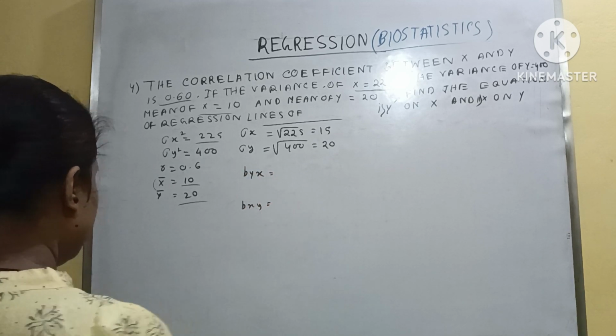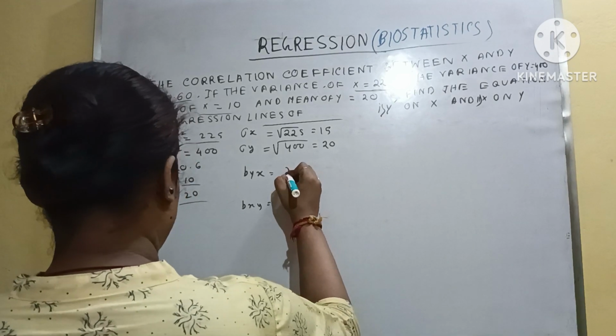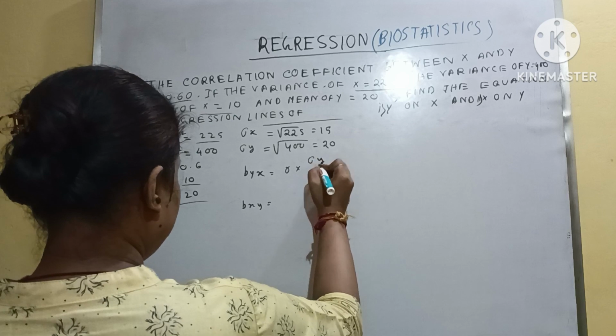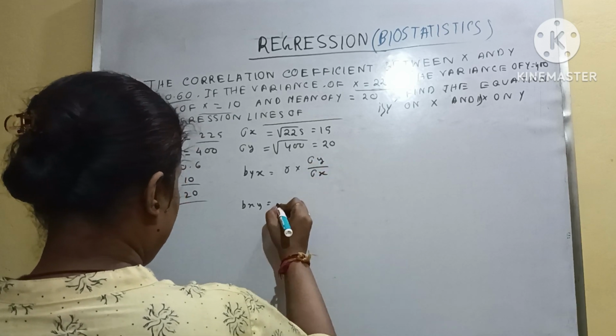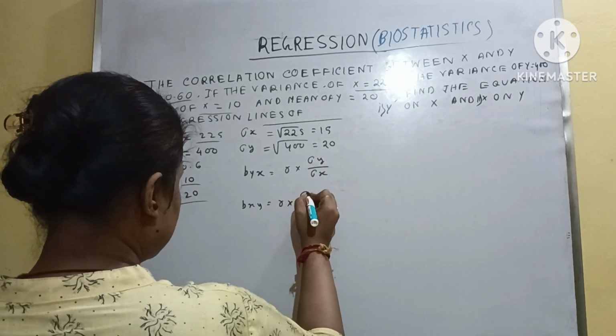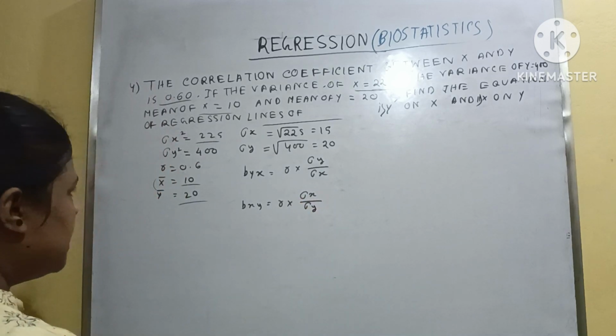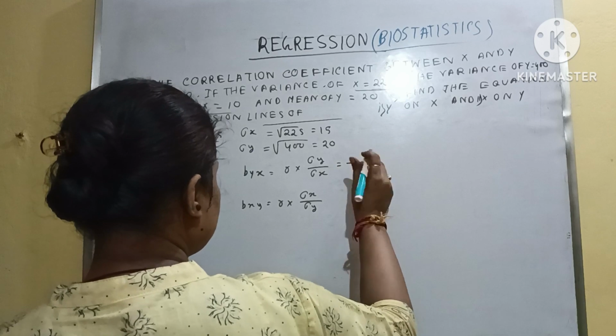So byx, what is the formula? R into sigma y by sigma x, and r into sigma x by sigma y. Clear? So just put the values.